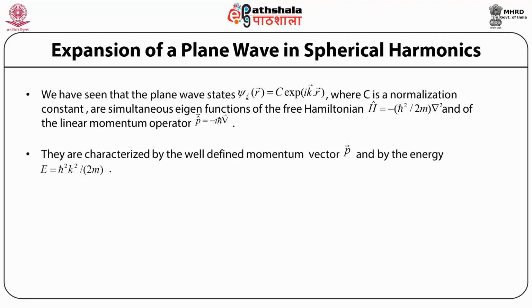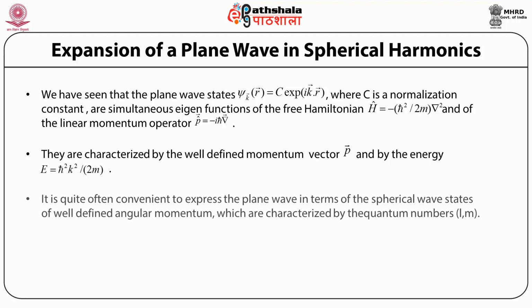They are characterized by the well-defined momentum vector p and by the energy E equals h bar square k square upon 2m. It is quite often convenient to express the plane wave in terms of spherical wave states of well-defined angular momentum, characterized by the quantum numbers l and m.